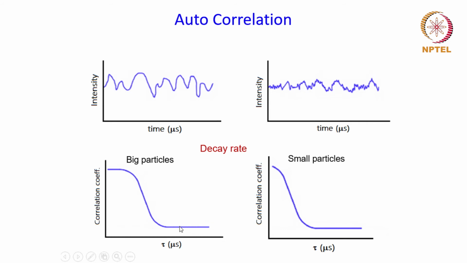That means the decay rate will be smaller for bigger particles, whereas in case of smaller particles, because of the high rate of fluctuations, the decay rate will also be higher, and the correlation will be quickly lost. Okay, so this is how, first of all, the small particles can be distinguished from the bigger particles, and this in fact forms the basis for the particle size distribution that can be obtained from this particular technique called DLS.